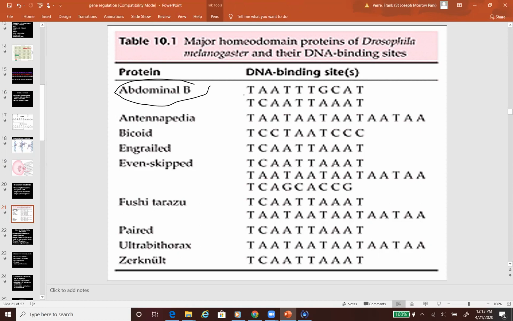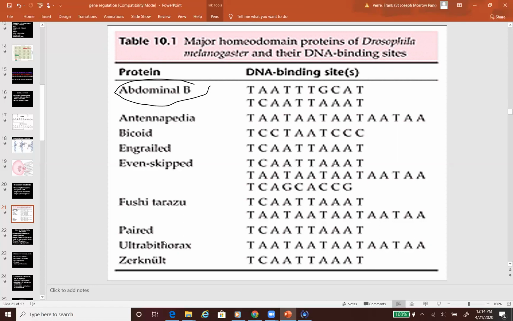So if it sees, for example, the sequence TAA, TTT, GCAT, then it attaches to the DNA. It also recognizes another sequence. You can see here, TCAA, TTAAT. So these are just examples of different regulatory proteins or transcription factors and the sequences that their DNA binding domains recognize.